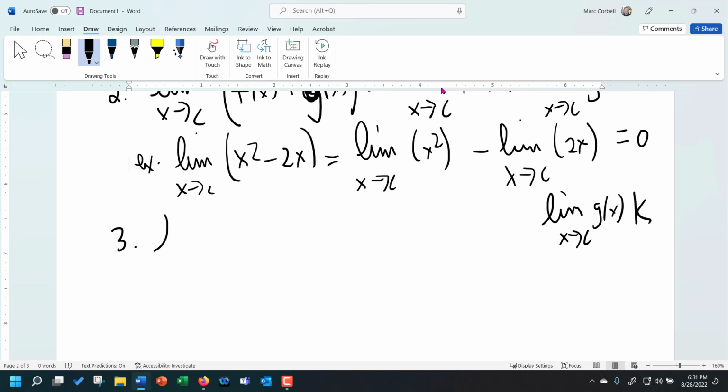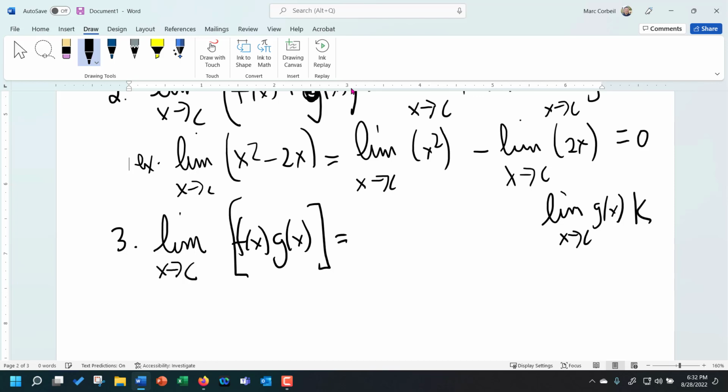So if we do the limit of a complicated function, so if we do the limit as x goes to c of f of x times g of x, a product, well, that is simply going to be the limit of the two products.